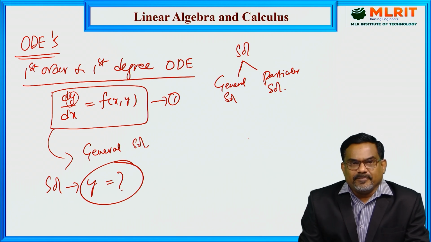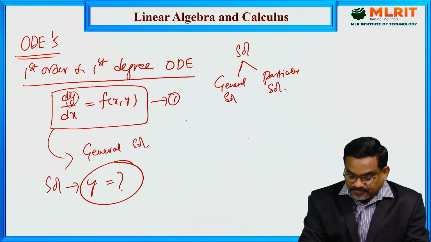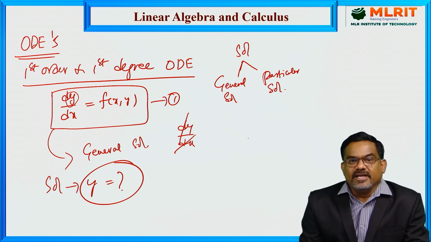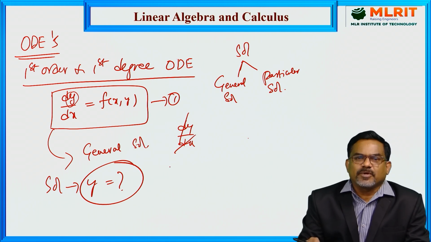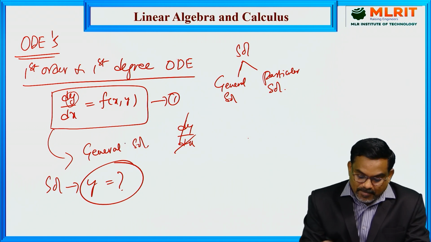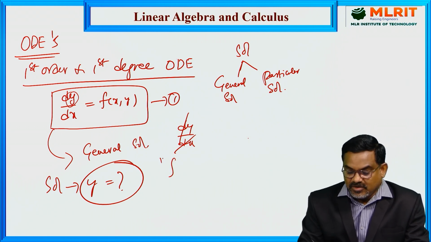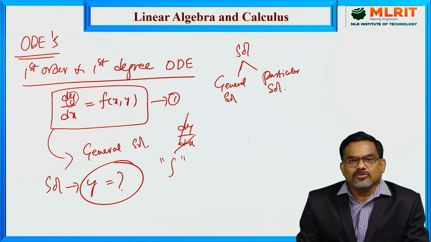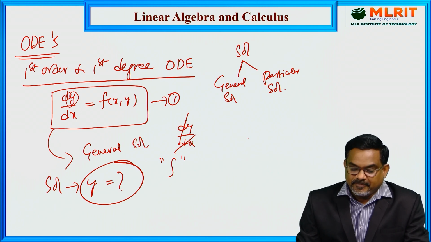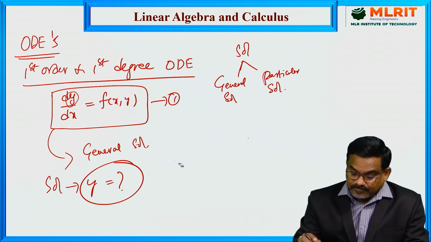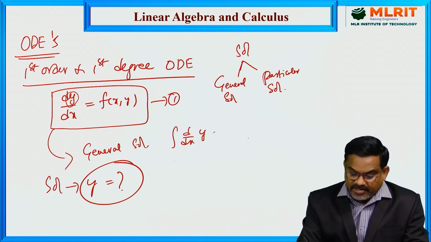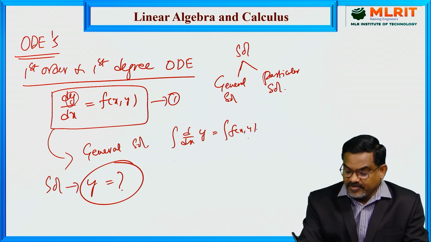For the general solution, to find y from this differential equation, we need to eliminate this derivative. Here we have dy by dx, and I don't need this d by dx. How to eliminate that? Since integration is the reverse process of differentiation, simply by integrating on both sides, we can find the general solution of the differential equation. For example, if you apply integration on both sides, d by dx of y is the integral of f of x, y.